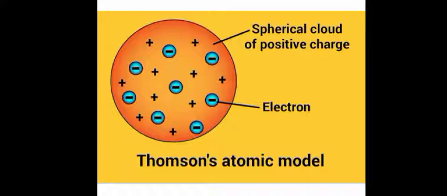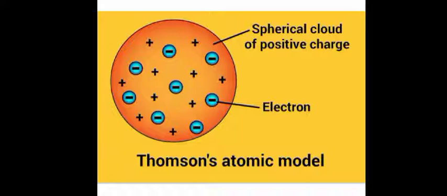This is also called the plum pudding model, where according to this model the atom is a positively charged sphere and the electrons are spread out inside like plums in a spherical pudding. So the atom has an equal number of positive and negative charges, and the atom is electrically neutral. In this figure you can see a spherical cloud of positive charge, and the negative charge is the electron, shown by a minus sign.